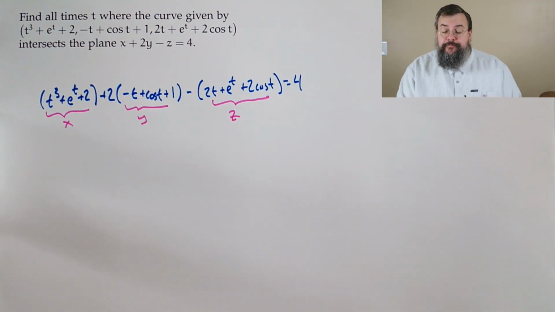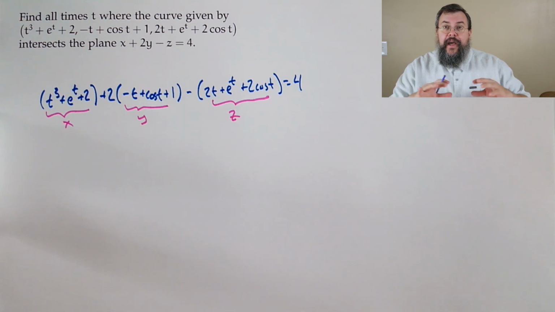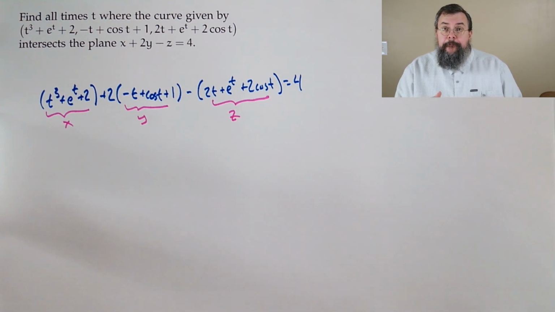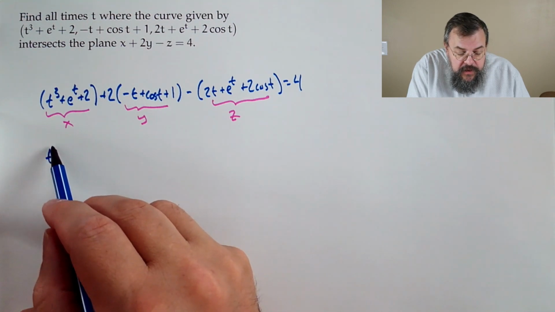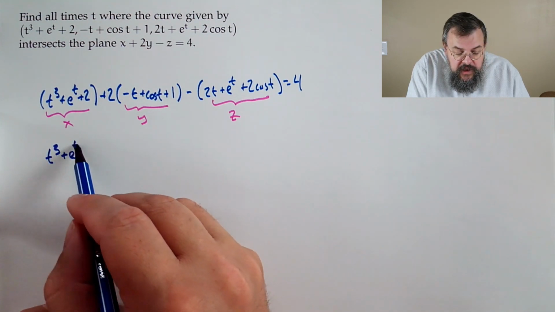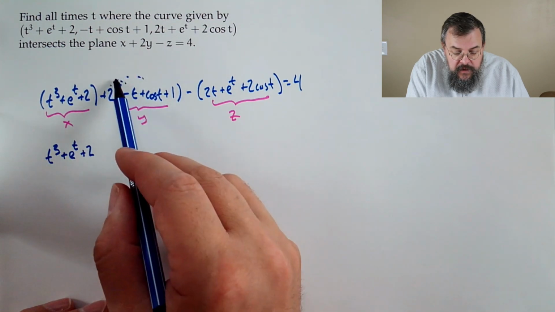Great. Now what? Well, time for us to clean it up. Okay, so we'll expand and group, and hopefully nice things will happen. So what do we have? We have t cubed plus e to the t plus 2. Now, don't forget to distribute.